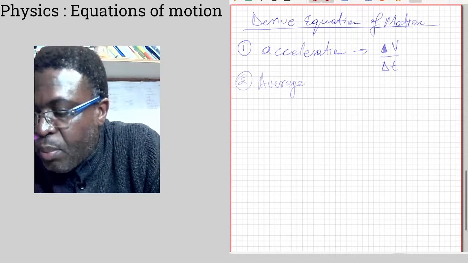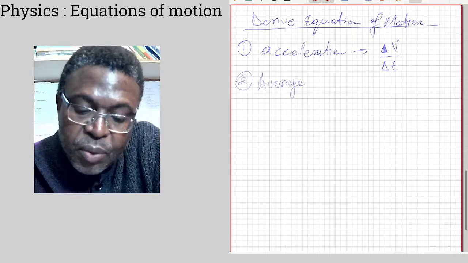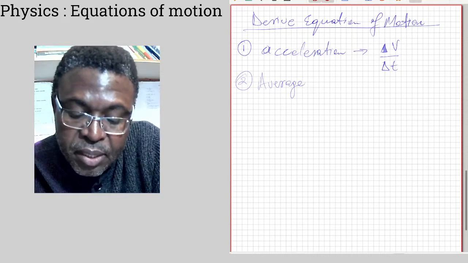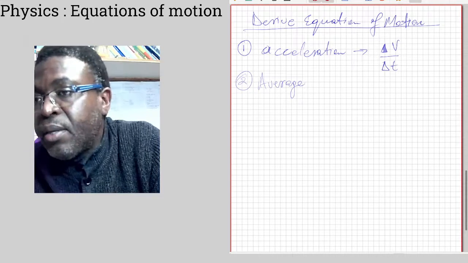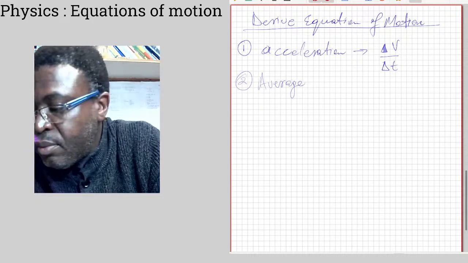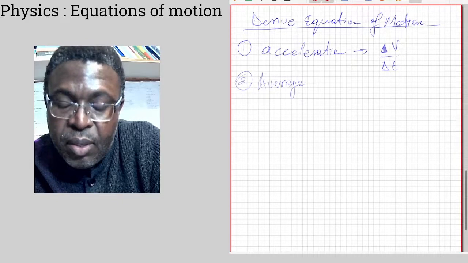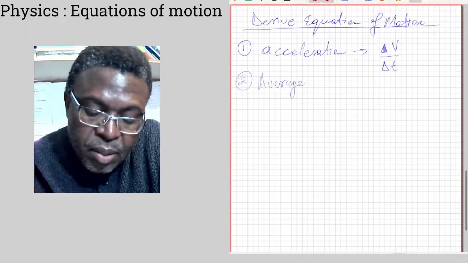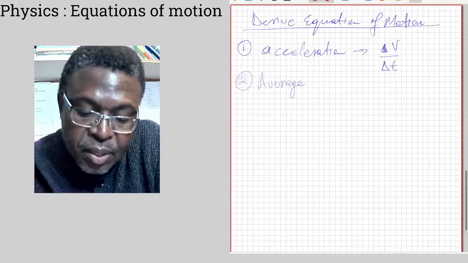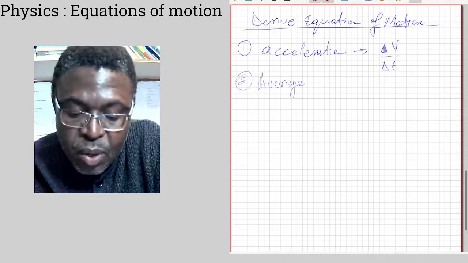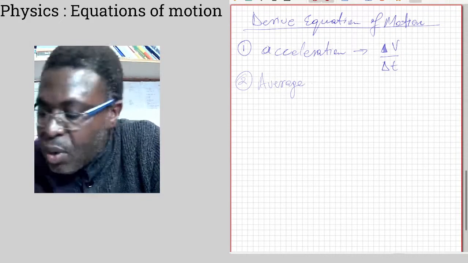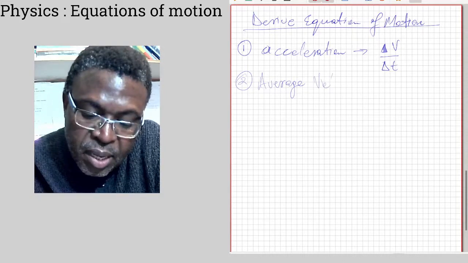When we talk about average velocity, just as in statistics in mathematics, you take things and calculate the average. Essentially it means that we are going to divide by 2. So we're going to talk about average velocity here.